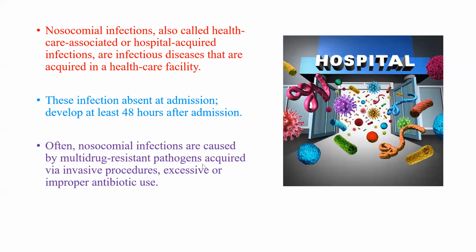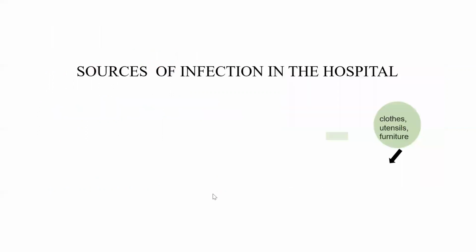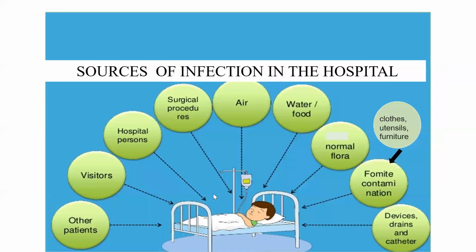Often, nosocomial infections are caused by multi-drug resistant pathogens acquired via invasive procedures, excessive or improper antibiotic use. The sources of infection in the hospital are, see here, the patient is there.